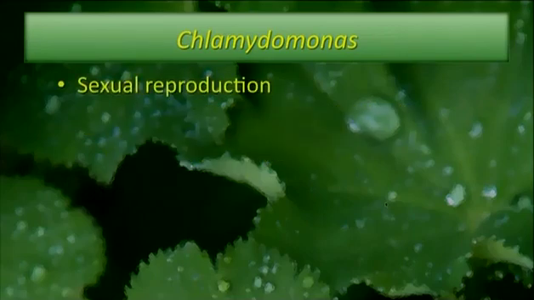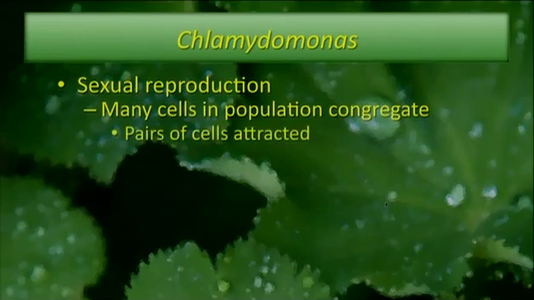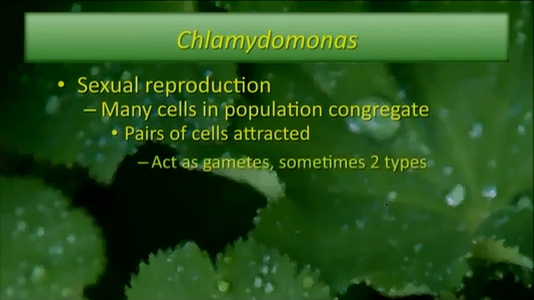Now sexual reproduction happens under certain conditions of light, temperature, and some other environmental forces that we don't really know that much about. What happens is that many cells in the population congregate with each other, and pairs of cells are attracted to each other. They act as gametes.